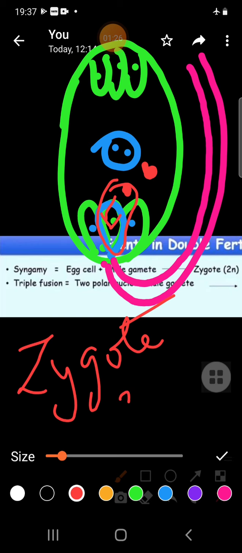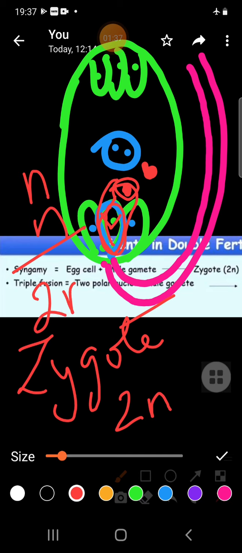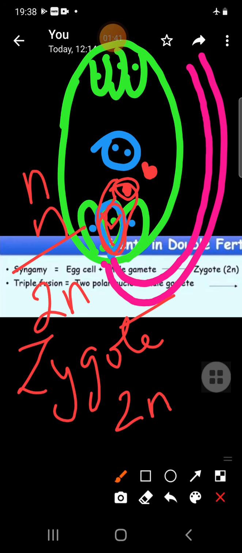This zygote is going to be 2n. One egg cell is n, and the male gamete is again n, that gives you 2n, right? So the zygote that's formed is 2n.